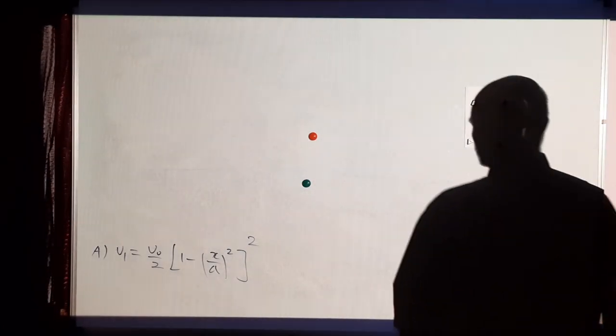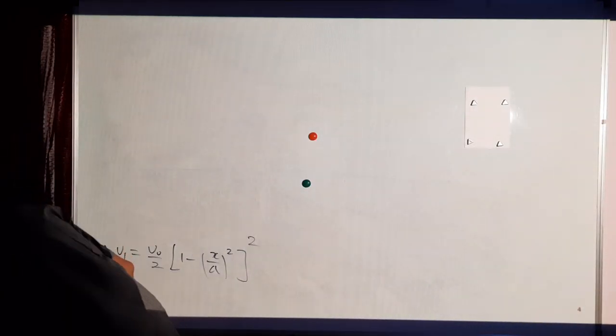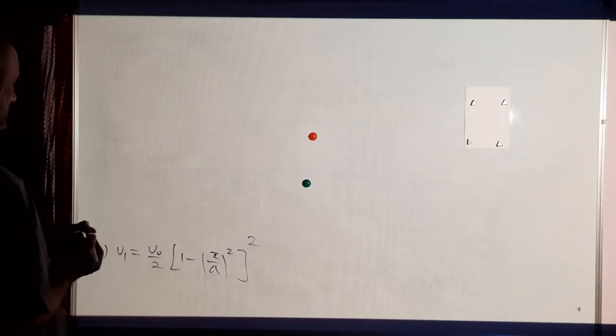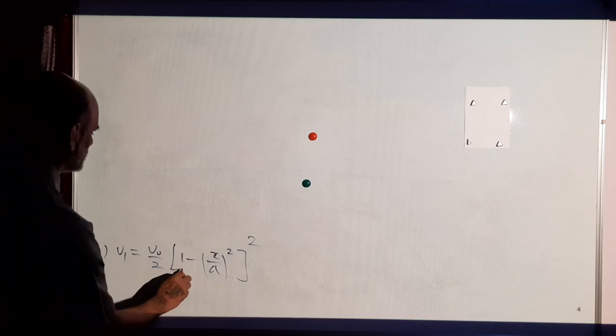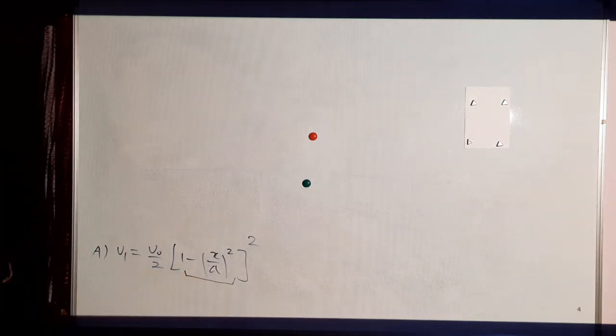So we can try to plot this function U versus x. Just consider this inside function. It's a parabola, an inverted parabola.